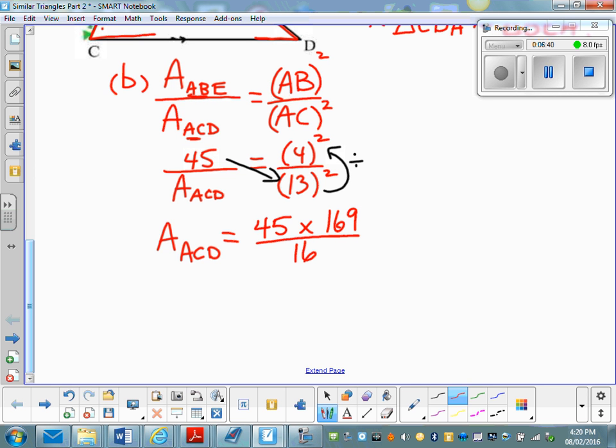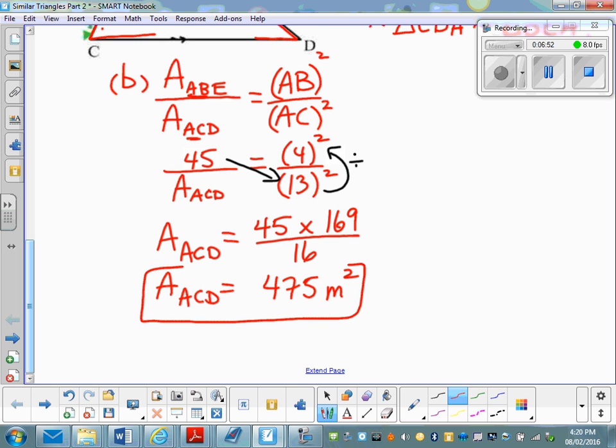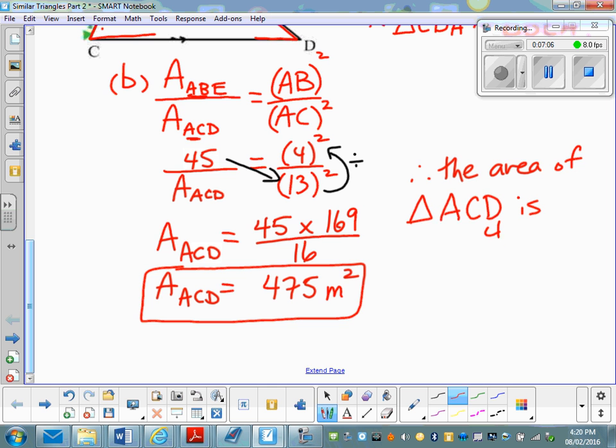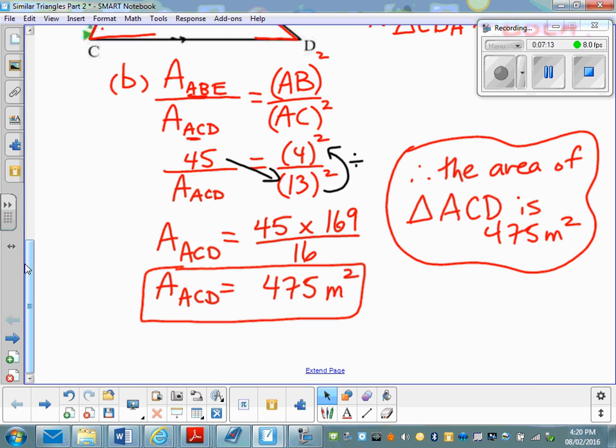So when I do that calculation, the area of ACD is 475, and that's going to be meters squared. So there's our answer. So we would say, therefore, the area of triangle ACD is 475 meters squared. Okay, and there's our answer to that.